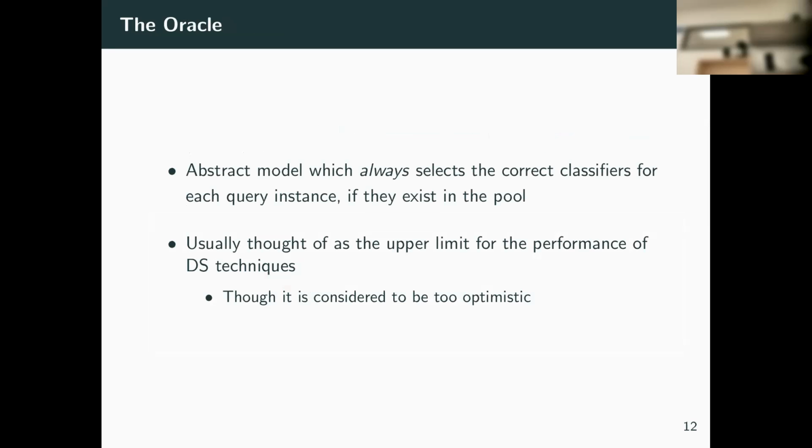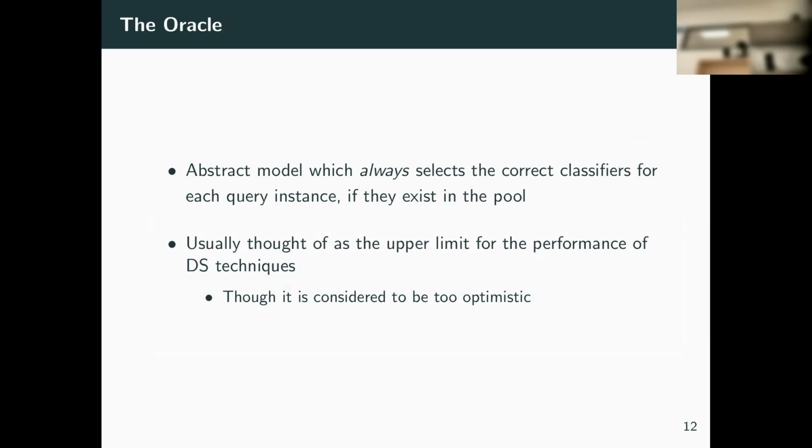Another important, relevant concept in this area is the oracle, which is an abstract model, a selector that always selects the correct classifier for each sample.